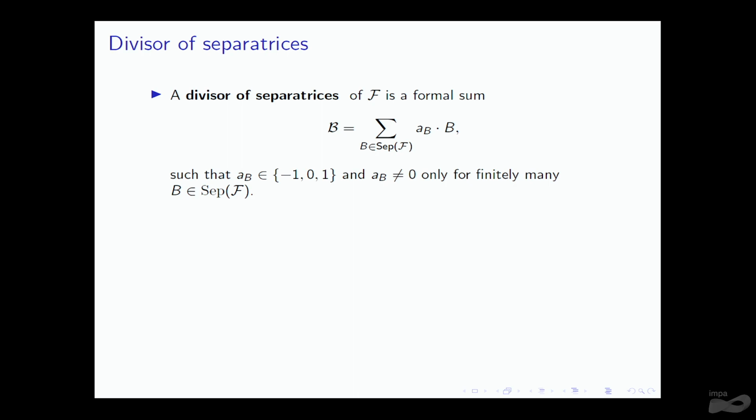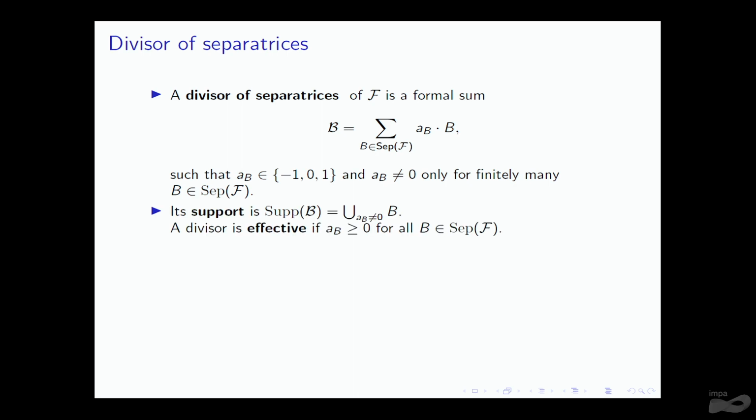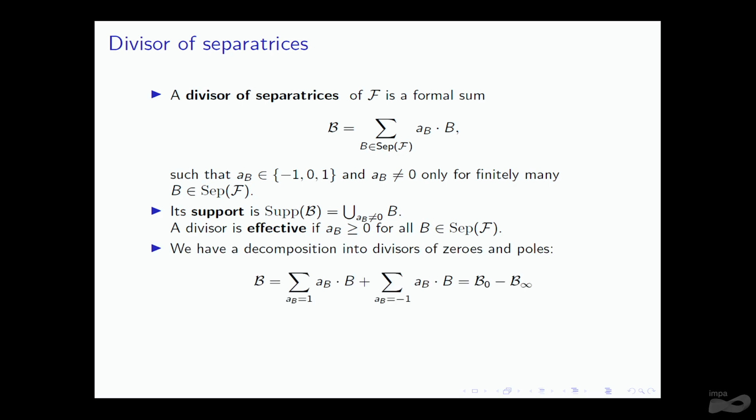Evidently, the coefficients are non-zero only for finitely many separatrices. This requirement is due to the adjunction properties of the indices. So I have the usual language, the support of a divisor. A divisor is effective if the coefficients are all non-negative. And we have the decomposition of a divisor into a divisor of zeros and a divisor of poles, the difference of two effective divisors.